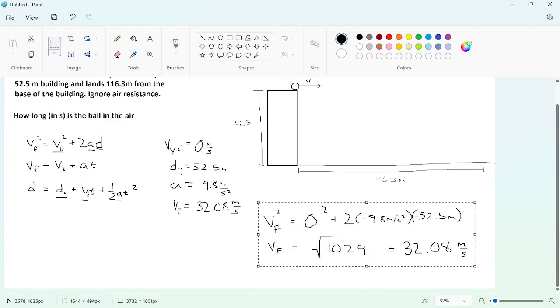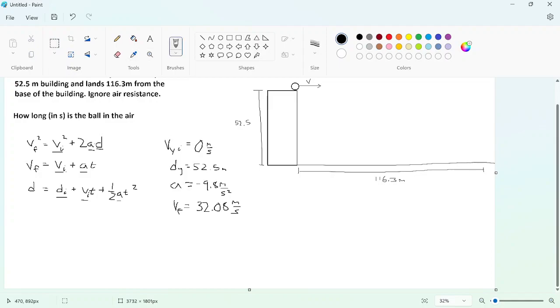Okay, now we've gotten the final velocity. We could use this formula to calculate time, which is pretty straightforward. 32.08 meters per second is equal to the initial velocity, which is 0, plus the acceleration, negative 9.8. Oh, this velocity is negative, forget that.